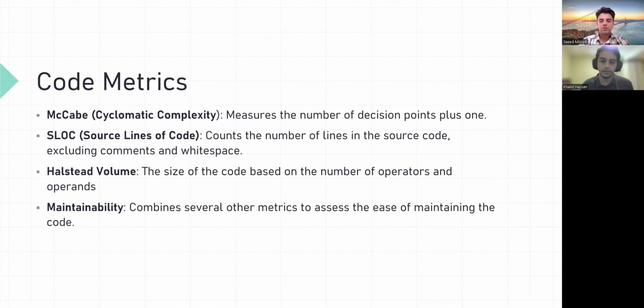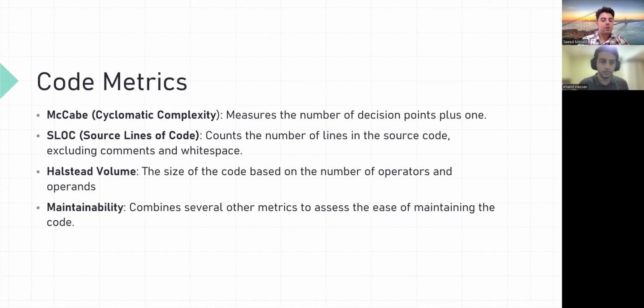And the decision points that I'm talking about are usually called, in different programming languages, while, for, if statements, and etc. The second one is the source lines of code, or SLOC, which is basically the number of lines in a piece of code, absent the white spaces and comments.